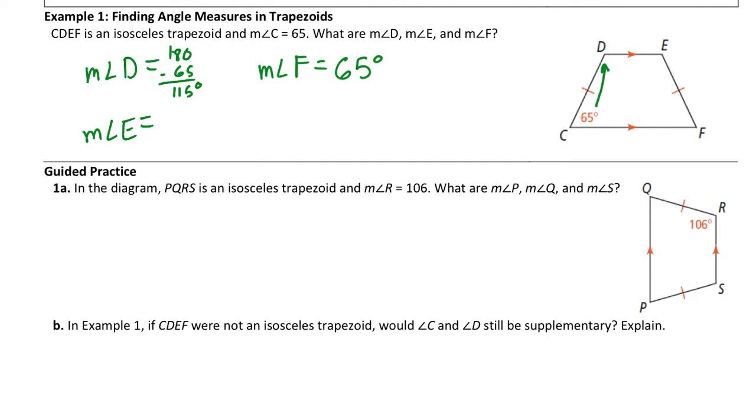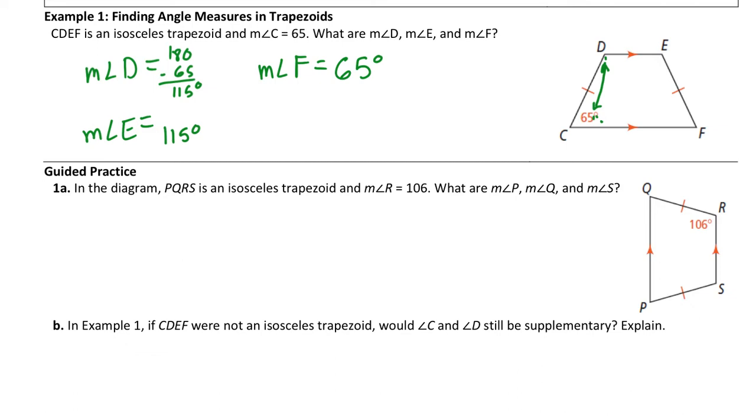And since D and E are base angles that are part of the same base, E and D are congruent. So angle E and angle D are both 115 degrees. So in any trapezoid, these two angles, one from each base, are supplementary. So D and C are supplementary no matter if this is isosceles or not. E and F are supplementary whether that's an isosceles trapezoid or not.